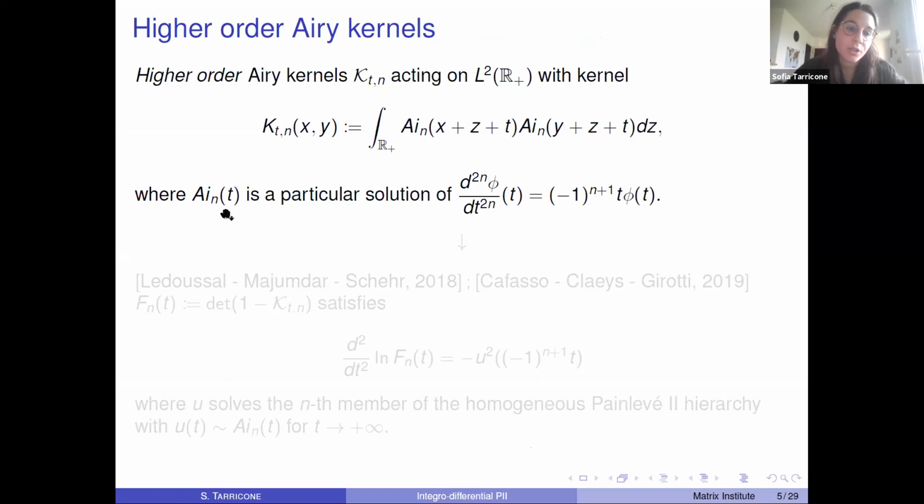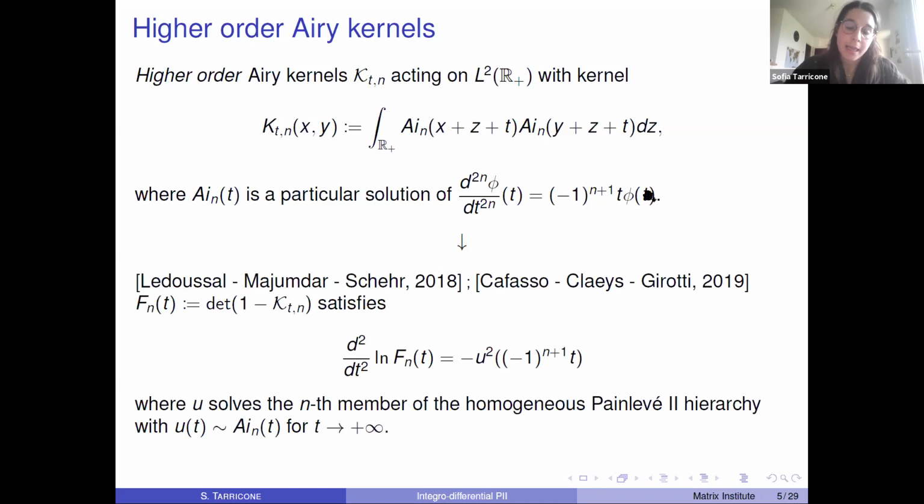And the nth Airy function is a particular solution of this 2n order ordinary differential equation. So of course, for n equal 1, you recover the classical case, the case of the Airy kernel. Otherwise, you have this new generalization. In particular, Cafasso, Claeys, and Girotti in 2019 proved rigorously and through a Riemann Hilbert approach that the Fredholm determinant of these new higher order Airy kernels does have a Tracy-Widom type formula.